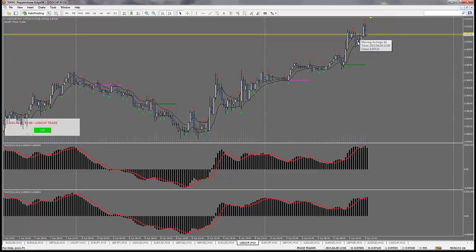Ignoring what's happening here, you're probably out of that one. Yeah. 10 pips. That's not a loser though, is it? No, and you wouldn't trade both of them together anyway. No.